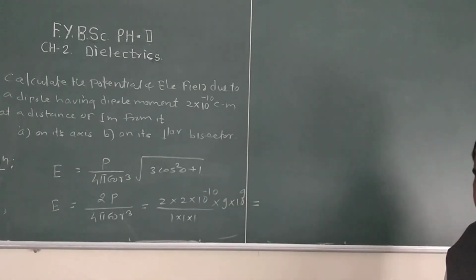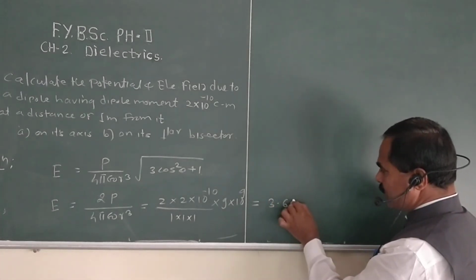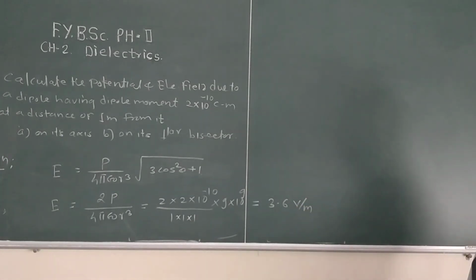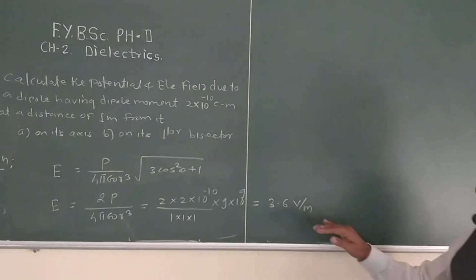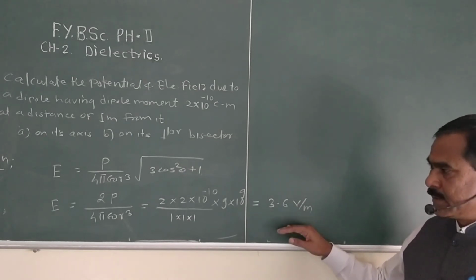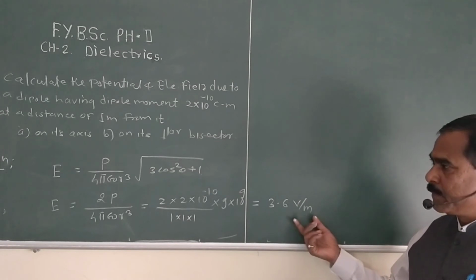Okay, so this calculation gives the value, that is 3.6 volt per meter. The value of electric intensity is 3.6 volt per meter, right? That means when we consider the point on the axial line, then electric intensity has value 3.6 volt per meter.